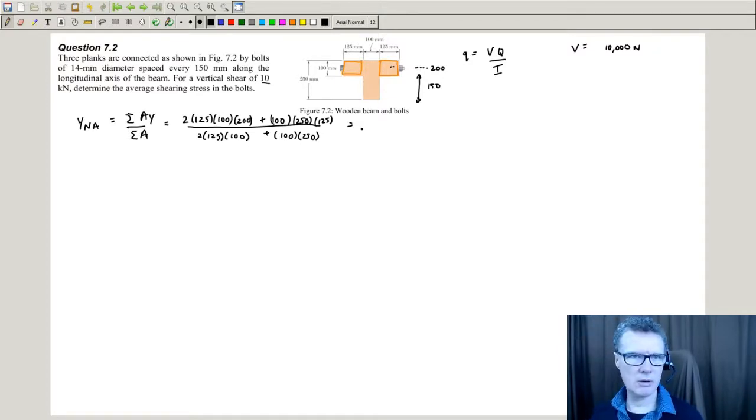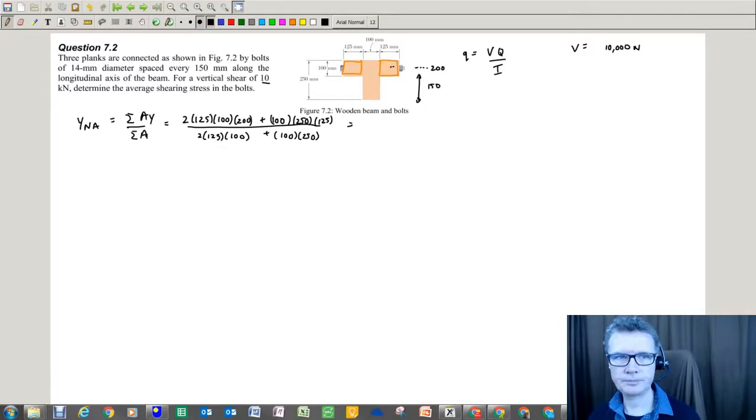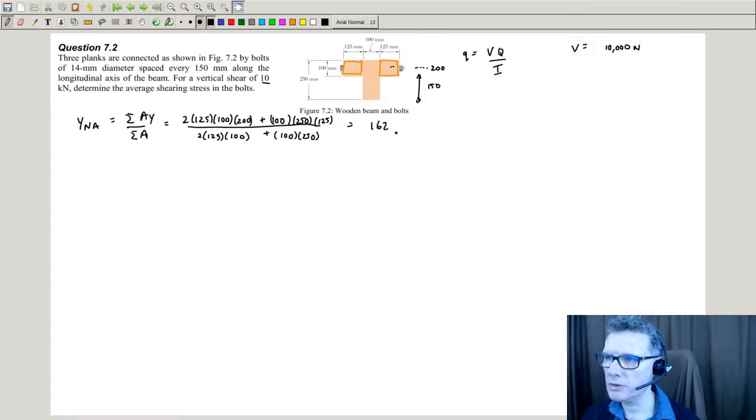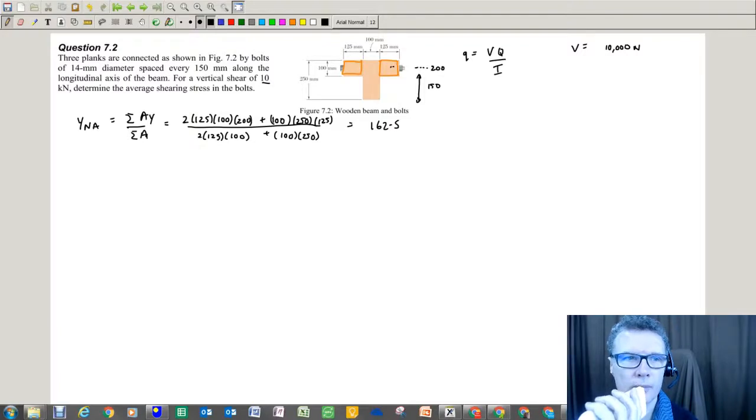So that gives me neutral axis of 162.5. Just looking at Arnold's solution here.